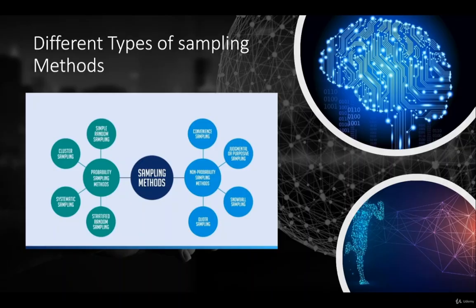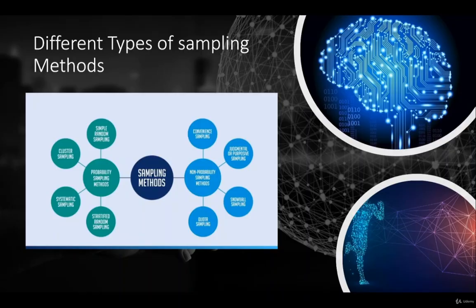You have the probability sampling method and the non-probability sampling method. Basically, the main difference between both of them is that the probability sampling method is based on selecting random people. You will try to select as random people as possible.